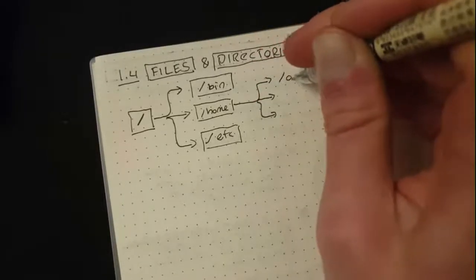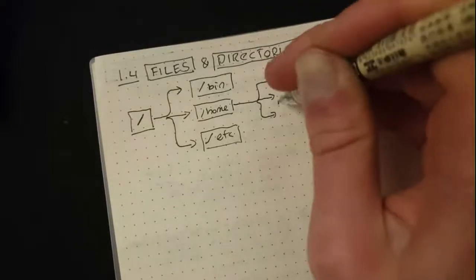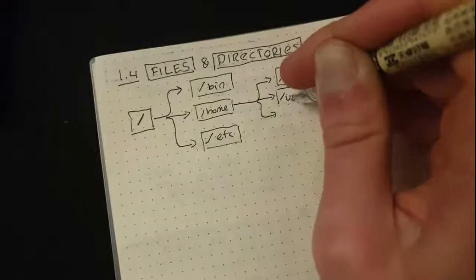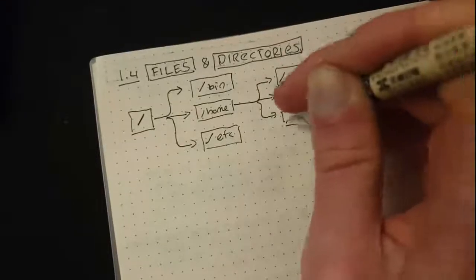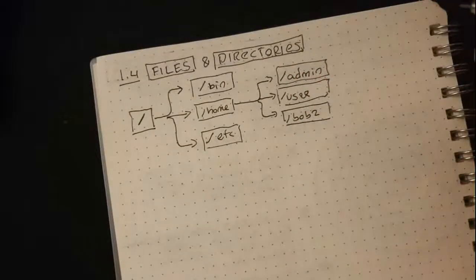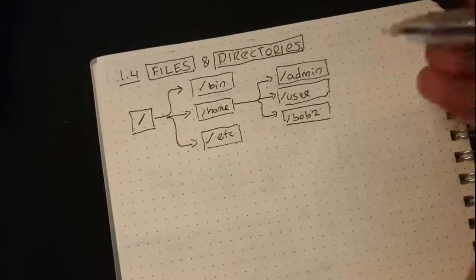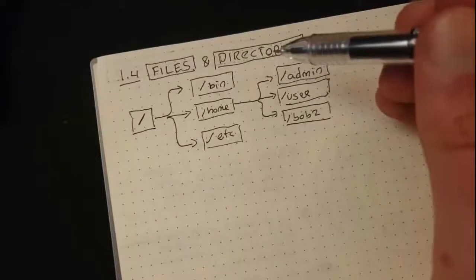So /admin, /user, /bob2. Yeah, so basically it's a hierarchical structure.